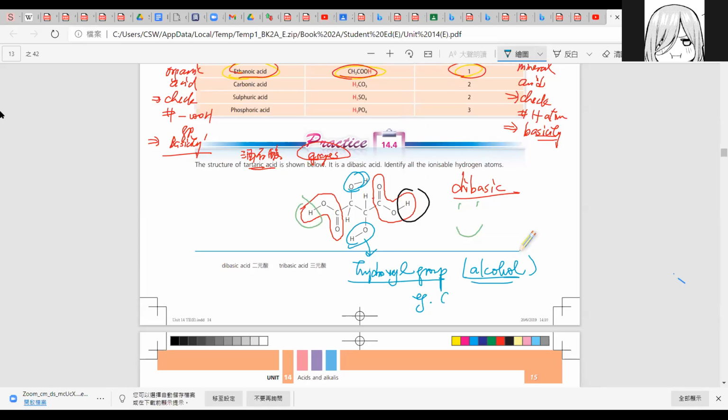For example, CH3CH2OH. What is that? Ethanol, the alcohol commonly found in alcoholic drinks. So it is another family of organic compounds. You'll know it later, most probably in late Form 4 to Form 5. Questions?